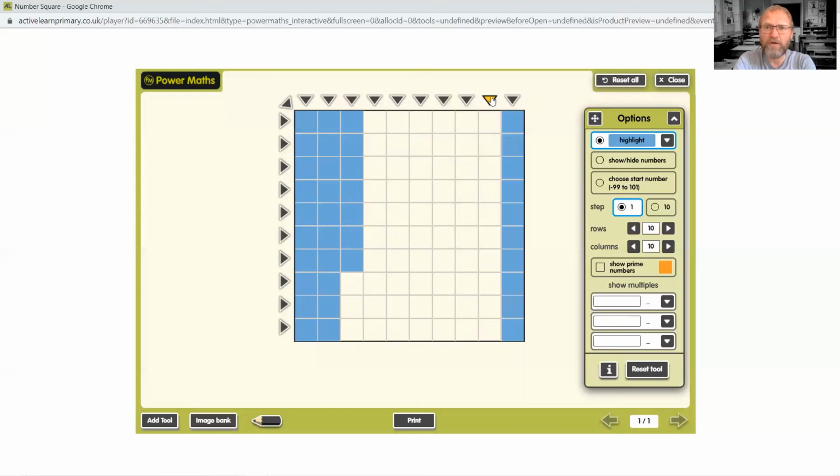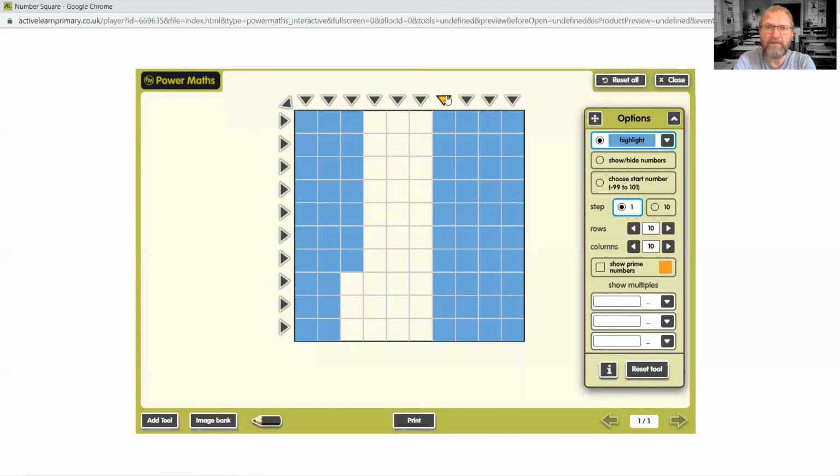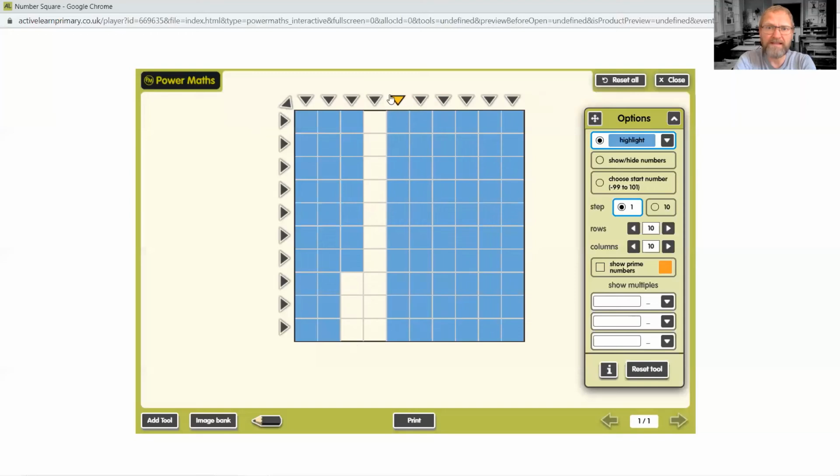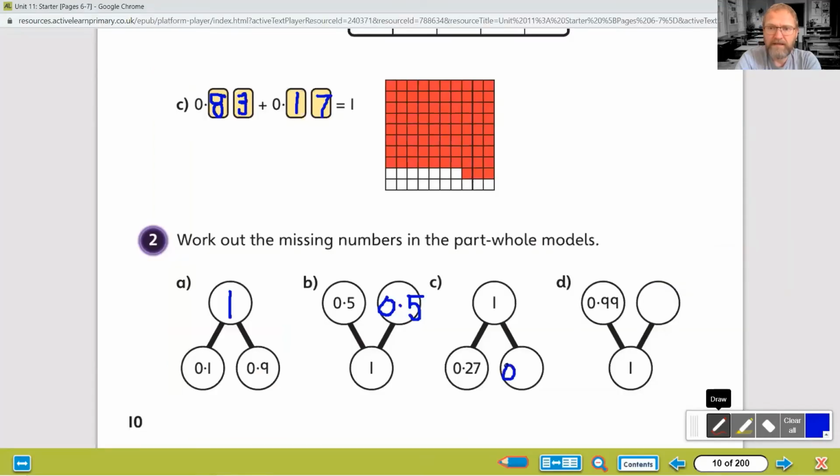That's 1, 2, 3, 4, 5, 6, 7 tenths, so 0.7, and 1, 2, 3 hundredths. So that's 0.73, 7/10 and 3 hundredths.